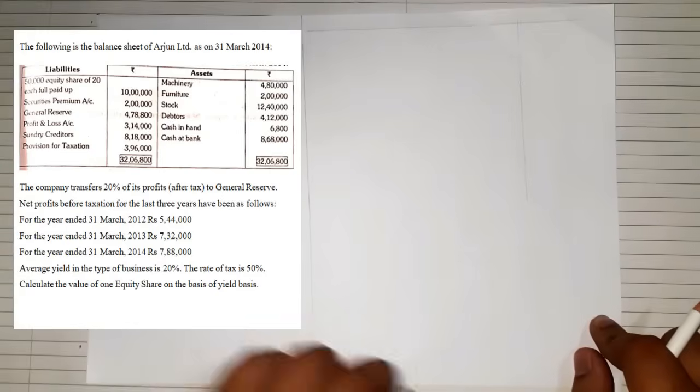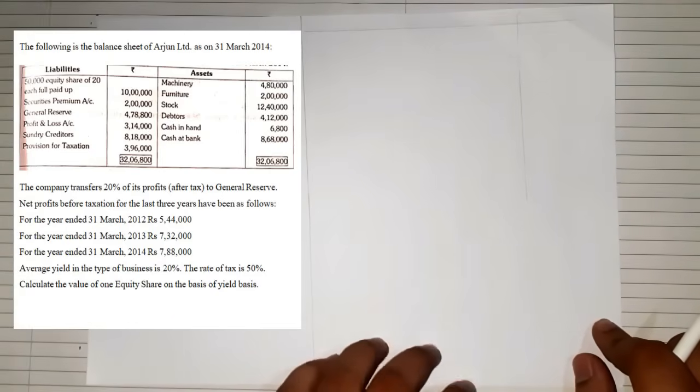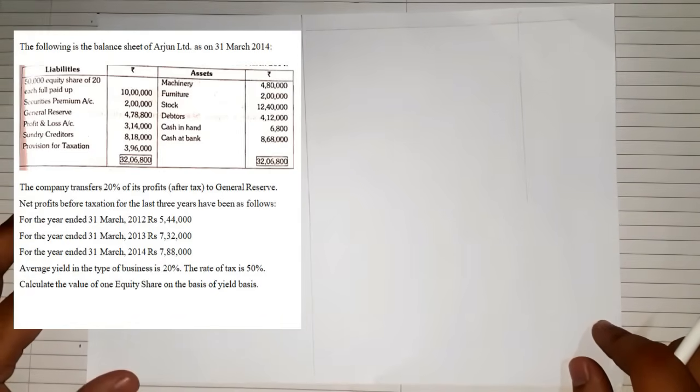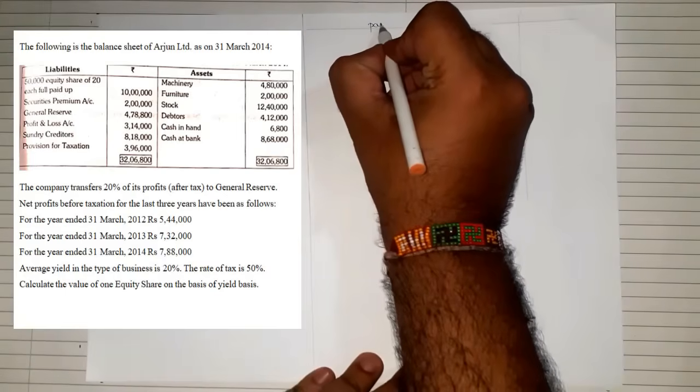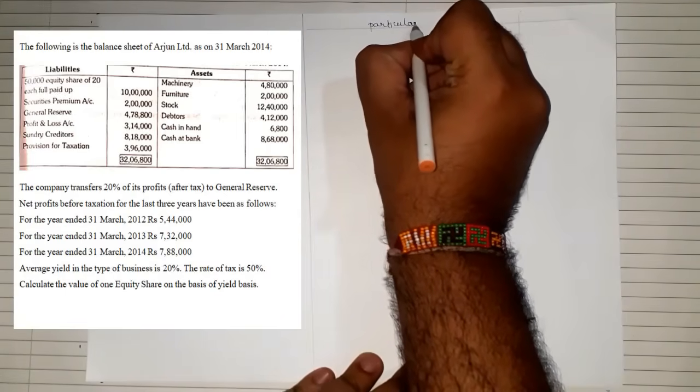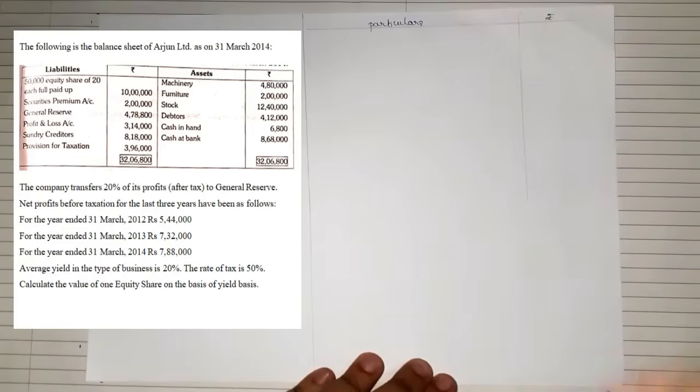So the format will be very simple. We will have particulars and a simple rupees column. Step number one, we need to first find the available profit to the equity shareholders.